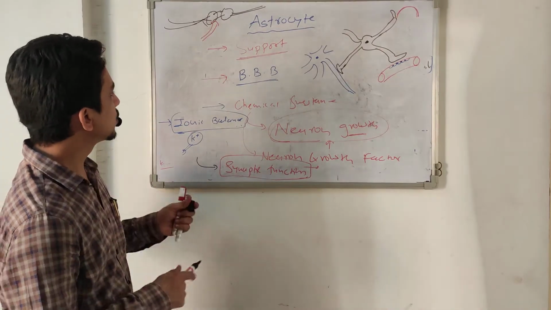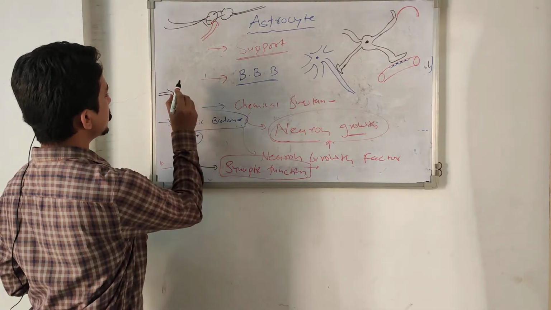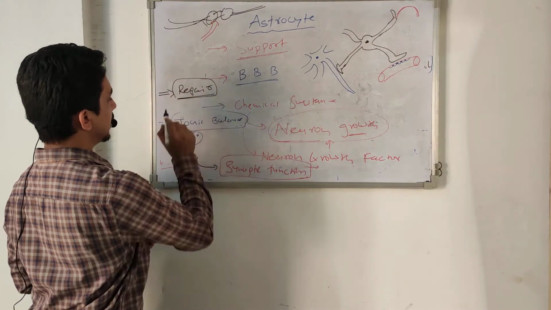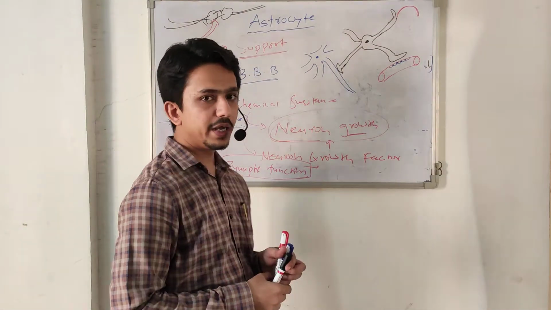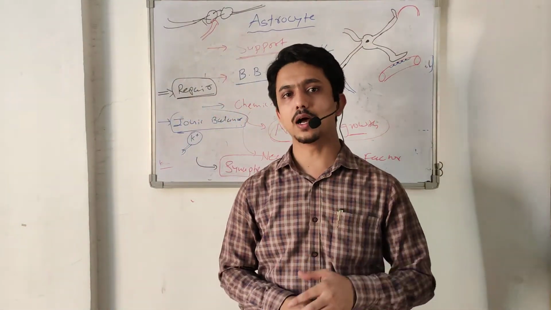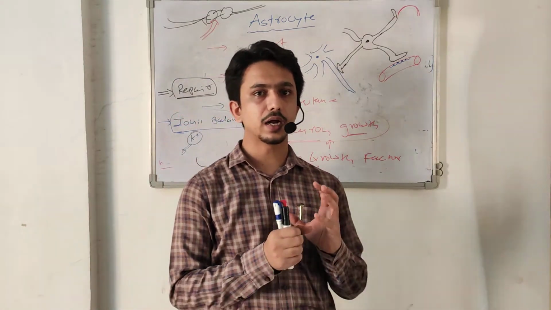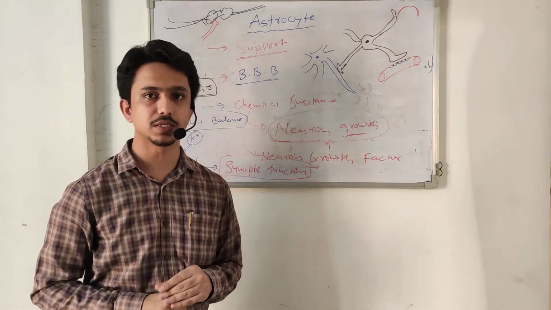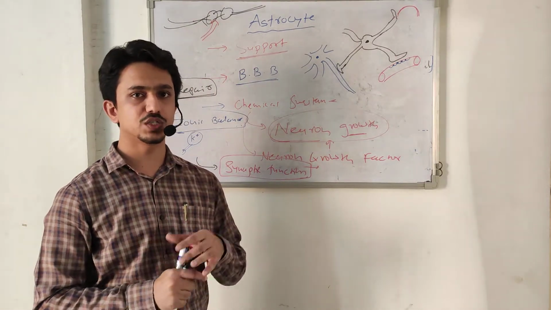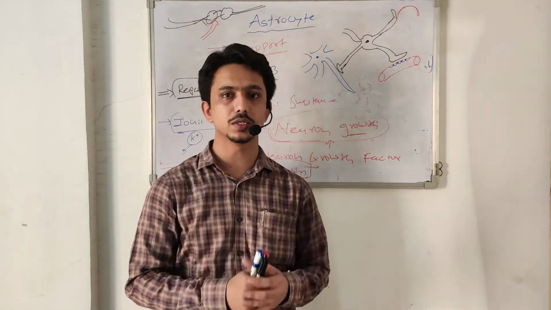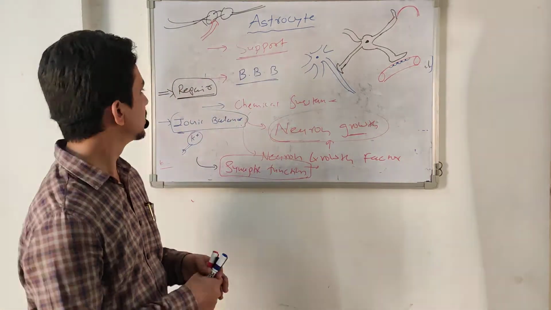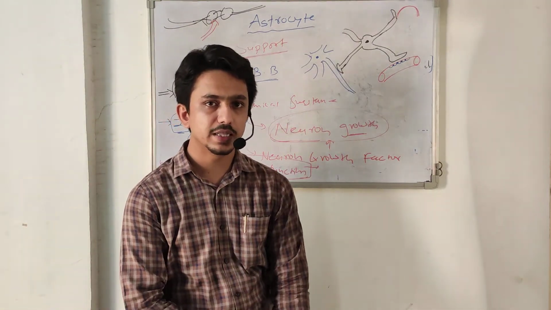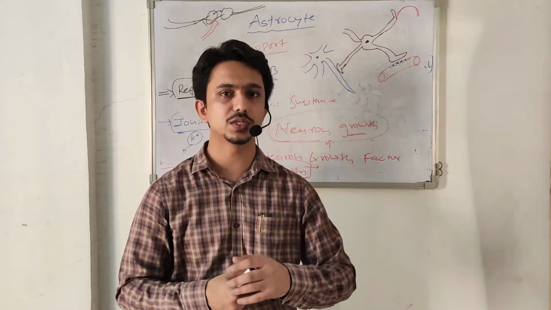Next, astrocytes are responsible for repair of neuron injury. But surprisingly, in the central nervous system, whenever neurons are damaged, astrocytes multiply and produce a scarring effect. Whenever neurons are damaged, astrocytes prevent neuronal regeneration. This is surprising, while in the PNS, whenever neuronal injury occurs, neurons are immediately regenerated by Schwann cells.